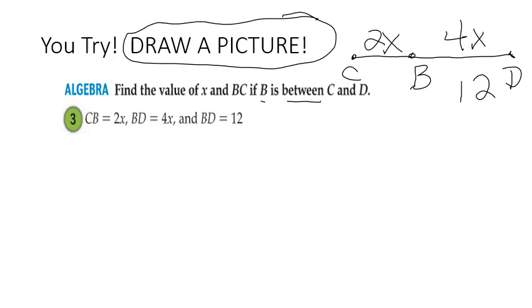That really doesn't make a lot of sense. So I think what has happened here is that this should be CD. And my apologies on that.